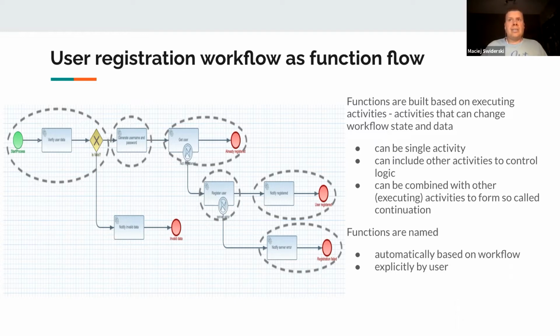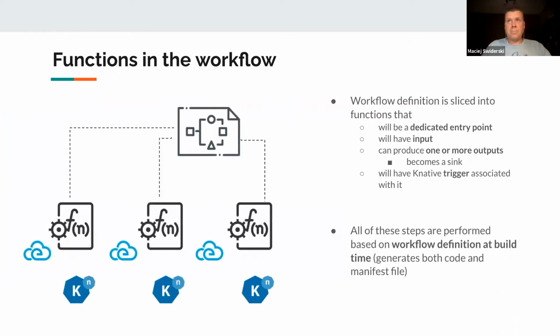And lastly is the activity name. All of those can be taken as is automatically based on the workflow definition, but they can be explicitly set by users as well. So you have full control again over the type of things that happen: what is the name of the function, what is the identifier of the function, and so on.